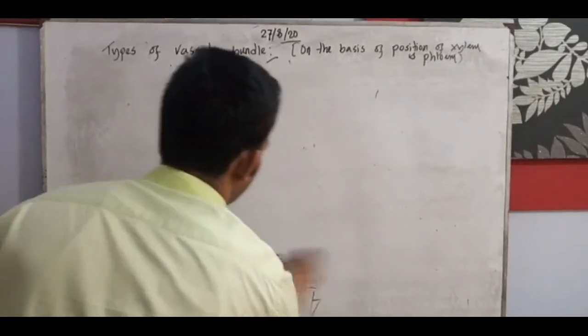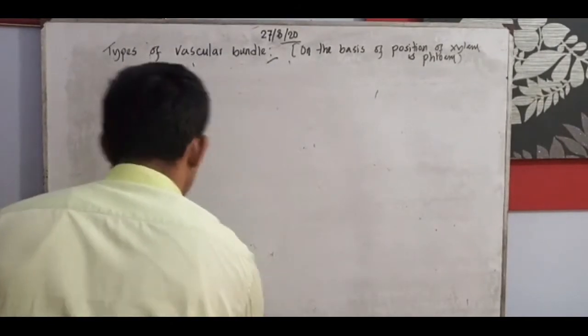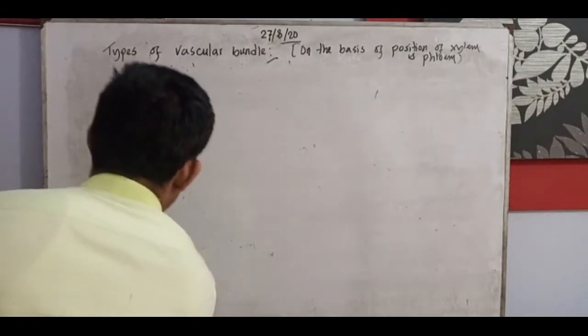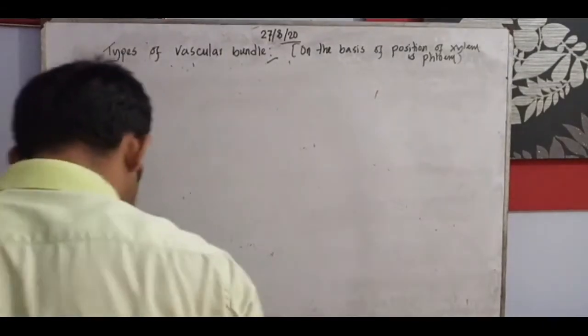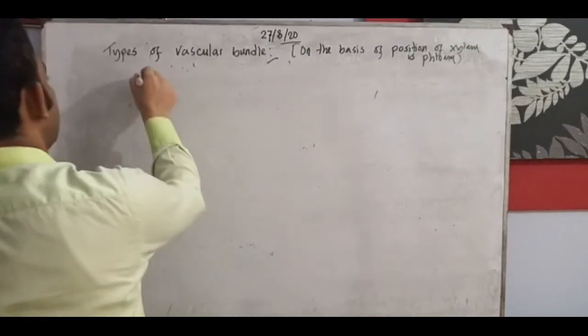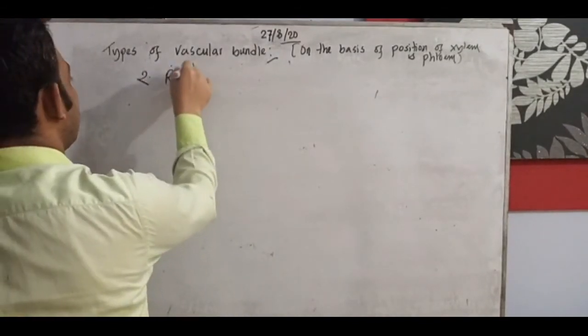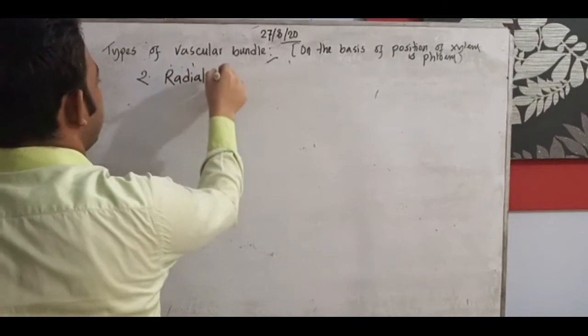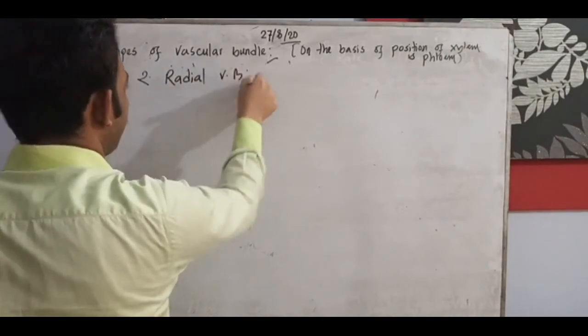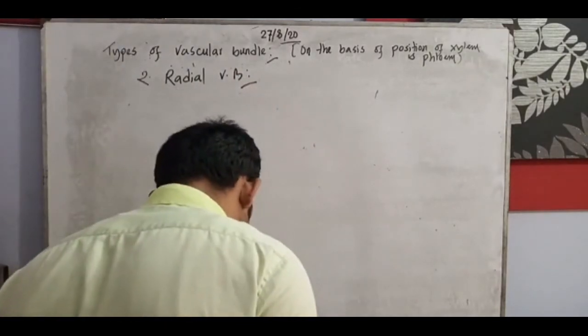We will try to understand the second type of vascular bundle, and I will draw this one. Number 2 is the radial vascular bundle. I write the short form; you can write radial vascular bundle.